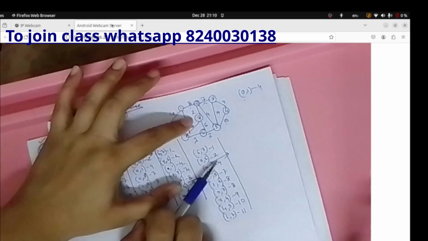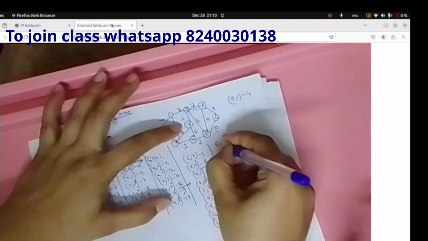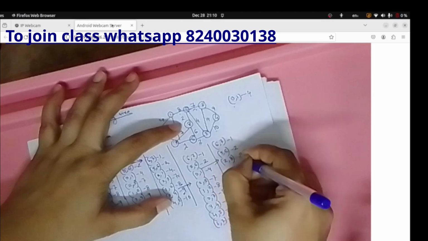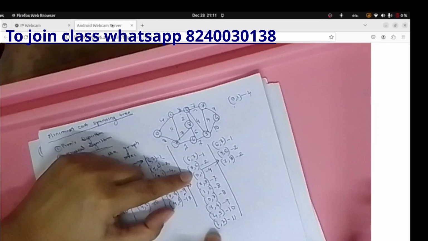So the list will be 6, 7 has minimum weight 1, then 5, 6 has weight 2, then edge 2, 8 will be inserted, which has weight 2. Then all other remaining items in the list will be the same as they are.